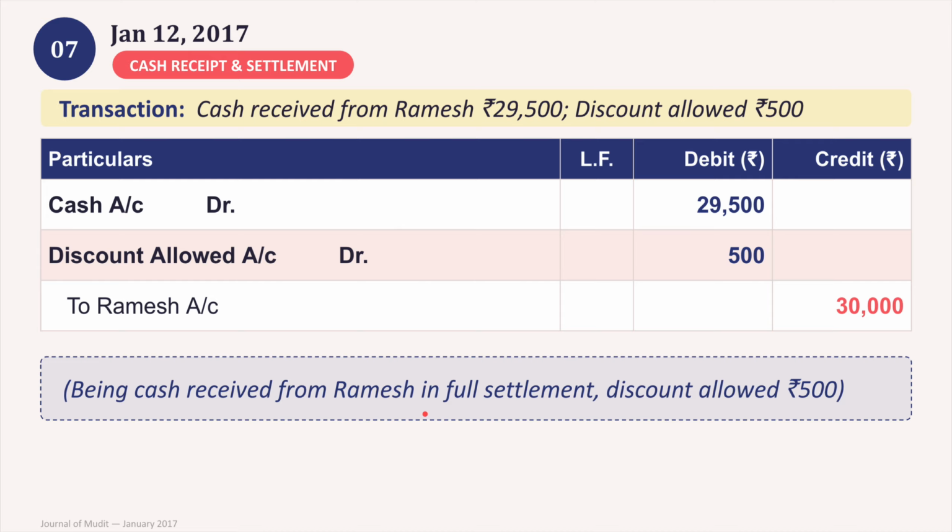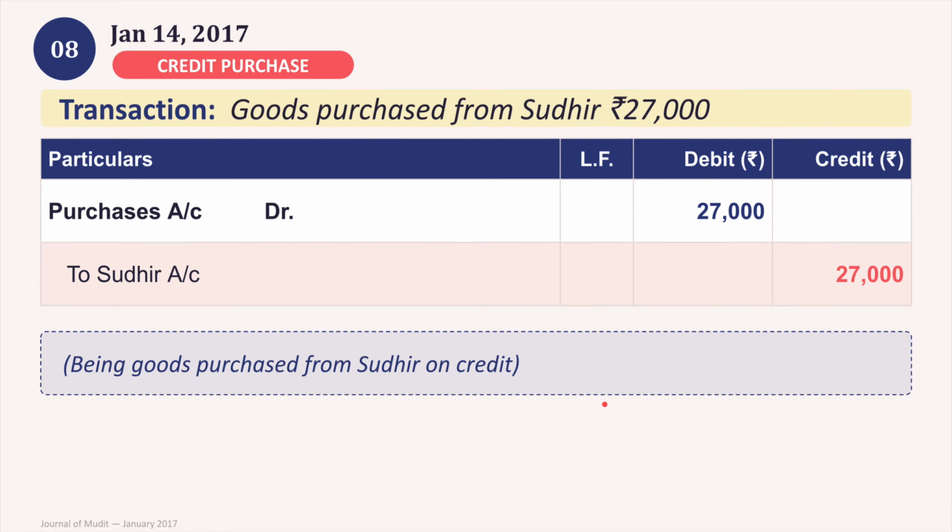Being cash received from Ramesh in full settlement, discount allowed 500. You can just take the question and write. It's not that you're framing some different statement. Don't think too much about writing a narration. Just pick up the statement given in the question, add a being to it and then write. It's as simple as that. But don't forget writing it because that's a very important part of your journal entry.